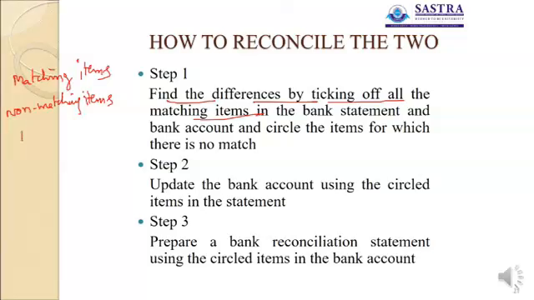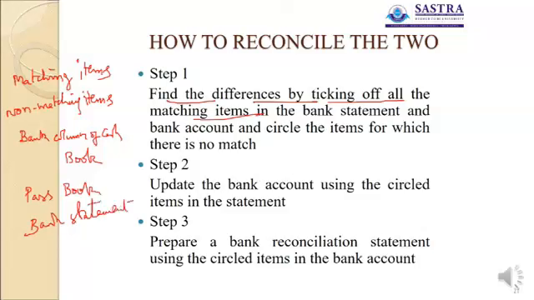One is the bank column of the cash book, and another is the passbook or a bank statement. Understand this?